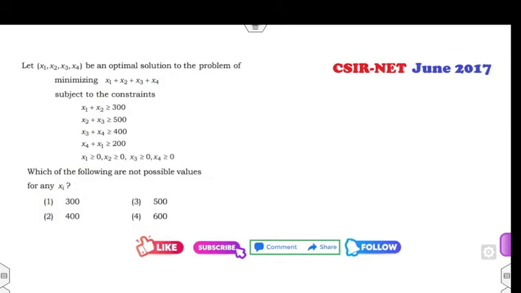Look at this another one. Again you can see you have different constants. If you solve this problem by the simplex method, you will need at least 10 minutes to solve it. Now look at the objective: X1 plus X2 plus X3 plus X4. So there is no need to multiply. If I add them, what will happen?